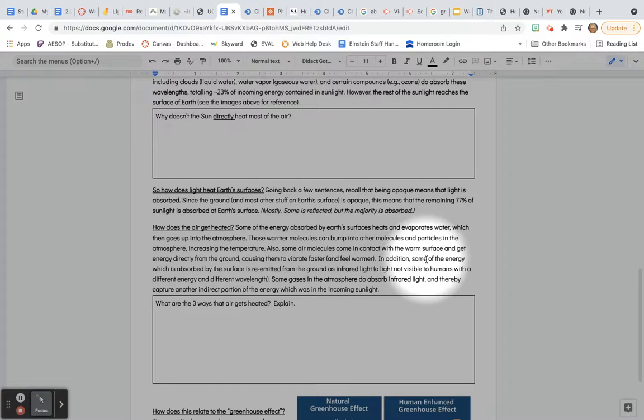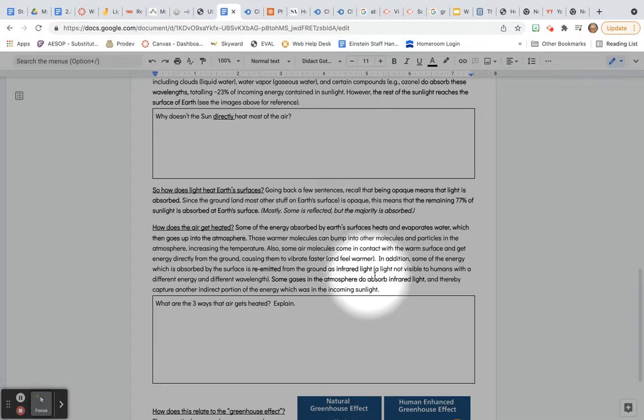In addition, some of the energy which is absorbed by the surface is re-emitted or given off from the ground as infrared light, a light not visible to humans with a different energy and a different wavelength. We saw that in our simulation. They looked kind of like a little line or a little worm.